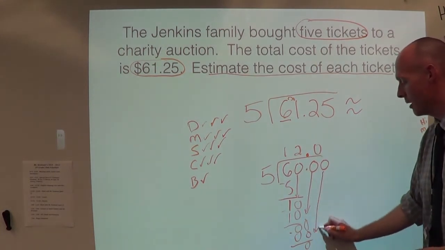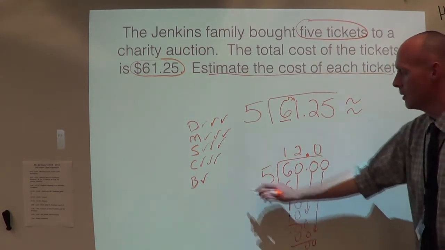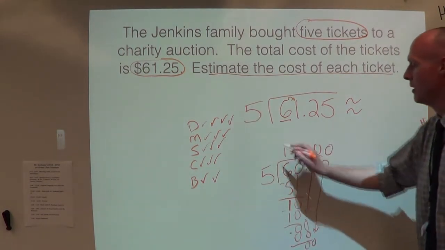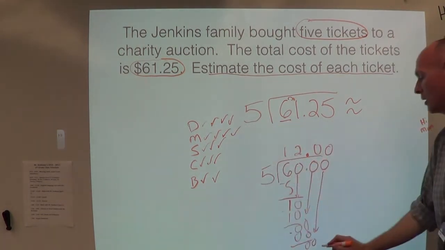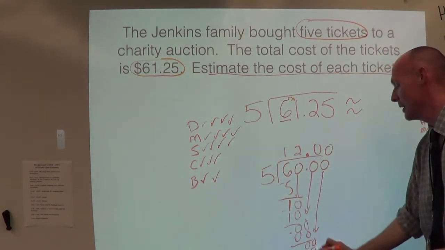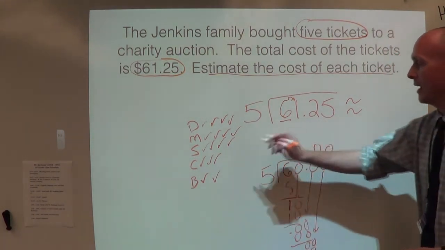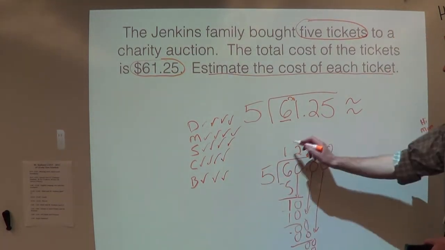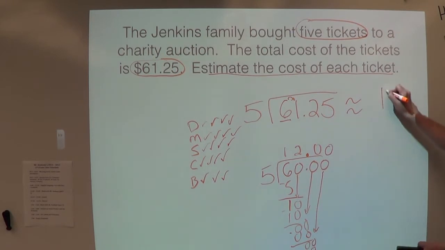Bring down my last number, which is 0. Now let's divide again. 5 goes into 0, 0. Multiply. 5 times 0 is 0. Subtract. 0 minus 0 is 0. And check, is it lower? Yes, it is. Nothing left to bring down. We're good to go. Therefore, my answer is 12 decimal 0, 0.